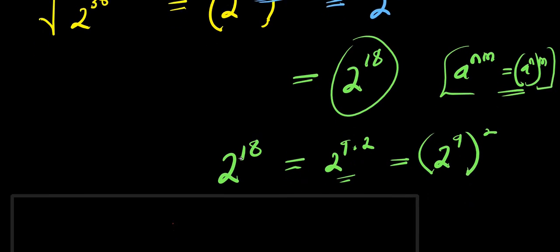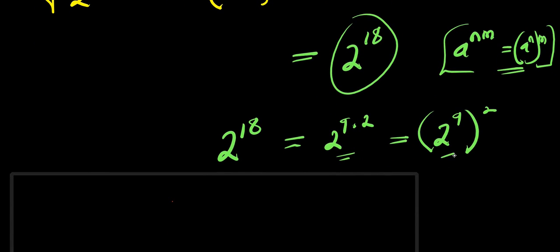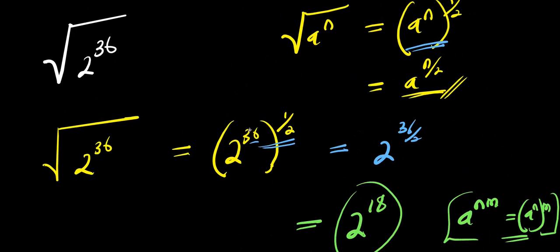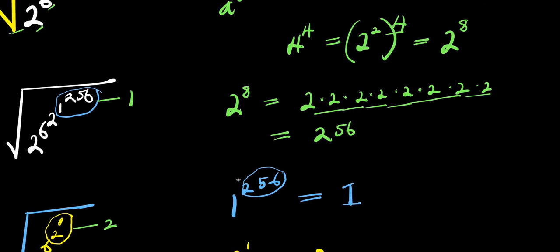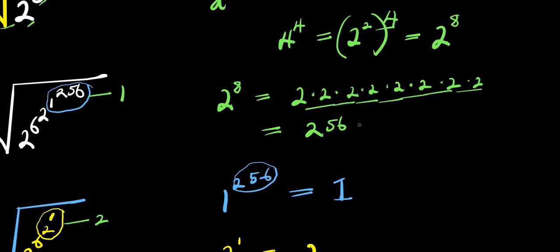And from here, we have 2 to the power of 9. 2 to the power of 9 is simply, remember we had 2 power 8 before? There it is. This is 2 power 8, which is 256. So if you have 2 power 9, it will be 2 power 8 times 2. And this is 256 times 2.